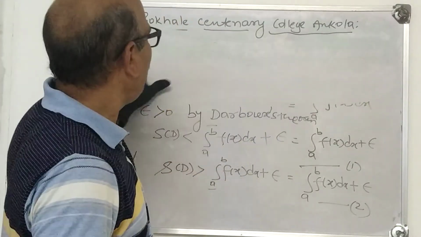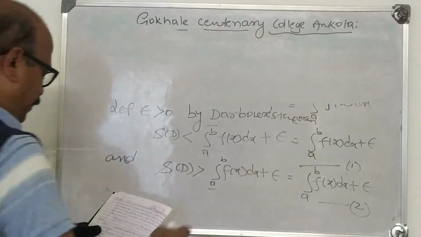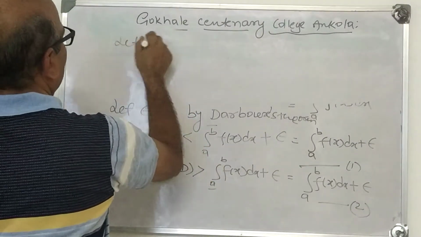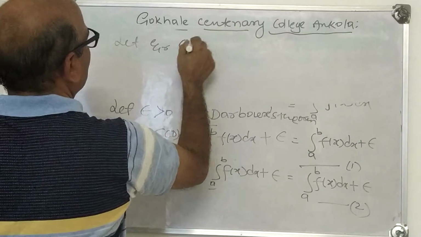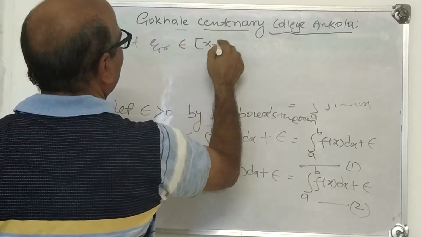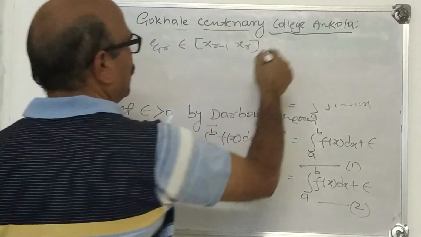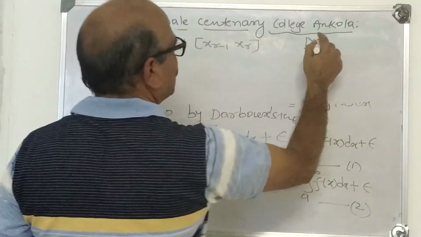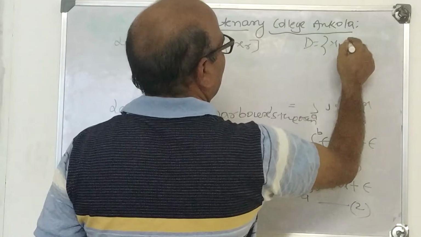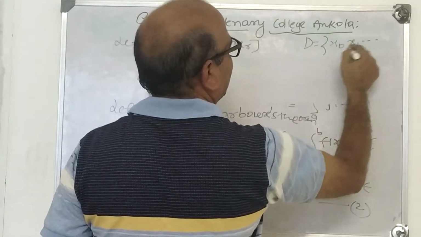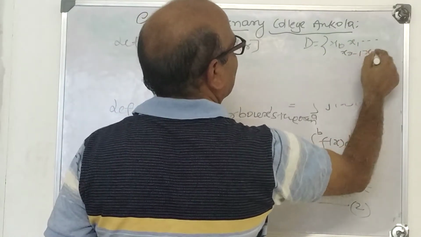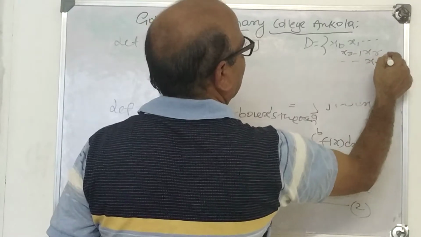Now, say I write like this. Let xi_r be an arbitrary point belonging to [x_(r-1), x_r]. What is this? A subinterval. This D is one division of [a, b], like x_0, x_1, and so on up to x_n.